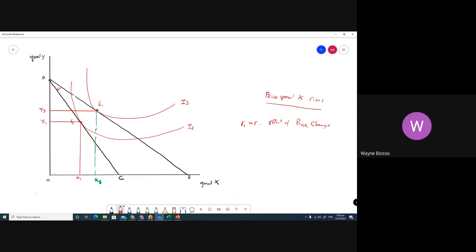But that price change of E1 to E2 is actually made up of two effects. It's made up of a substitution effect, and we also know it's going to be made up by an income effect as well.